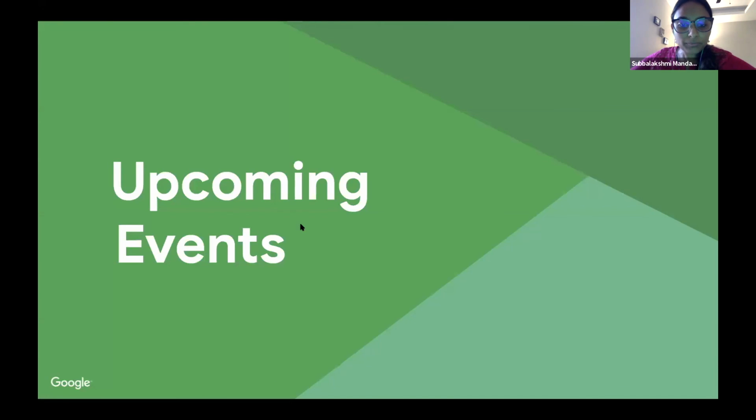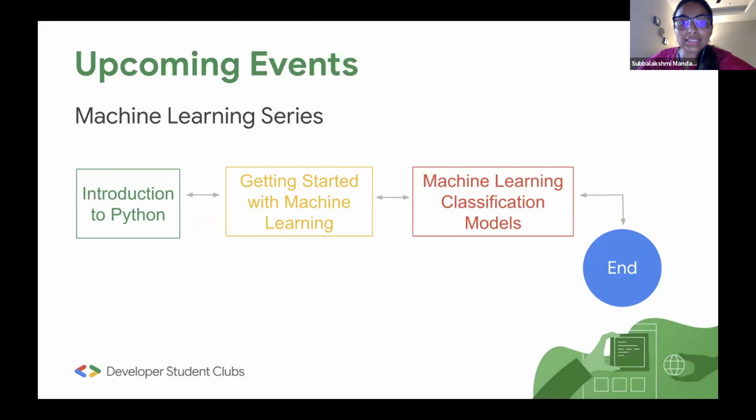A quick recap on the upcoming events as well. This is a three-part machine learning series that we're doing. We started today, and we are done with the introduction to Python. I would still urge you all to put any questions you might have onto the Discord channel, even after the workshop, anything you want help with, or a new concept that you want to learn.